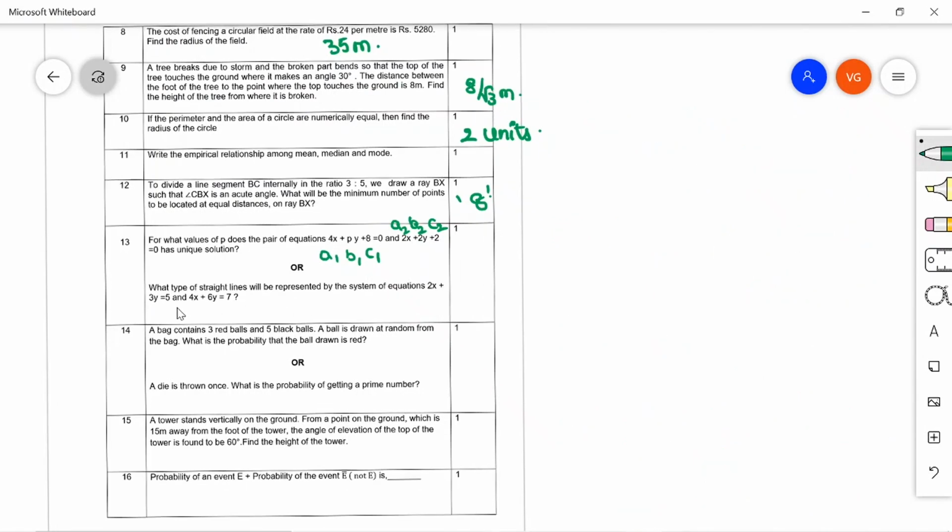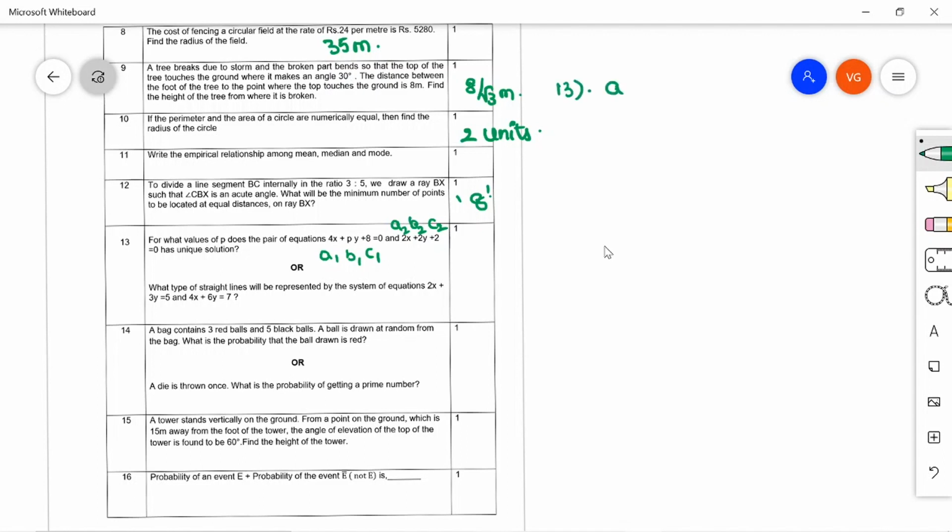The second question in the 13th, the internal option question, is: what type of straight lines will be represented by the system of equations 2x plus 3y is equal to 5 and 4x plus 6y is equal to 7? So let us check the conditions. This is from pair of linear equations.